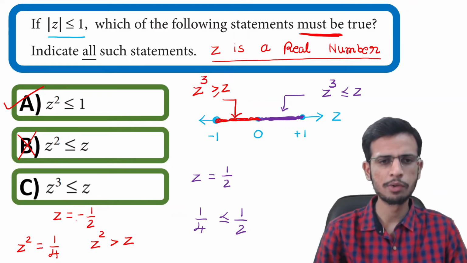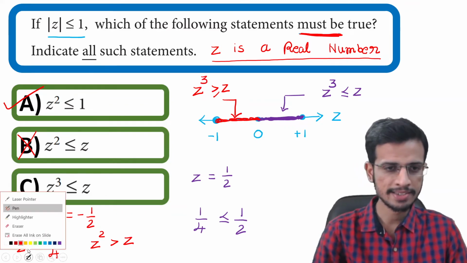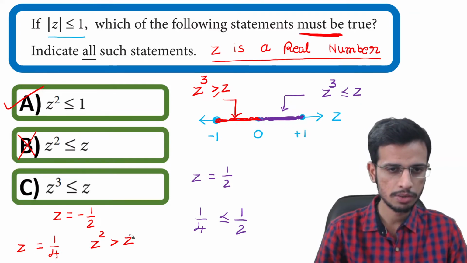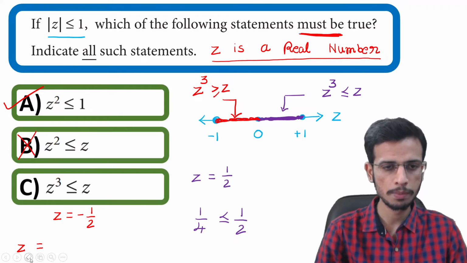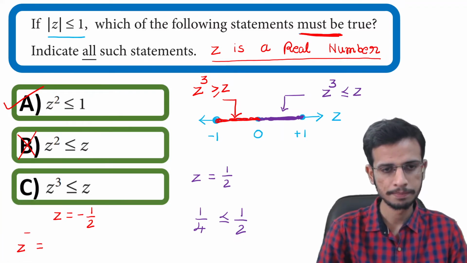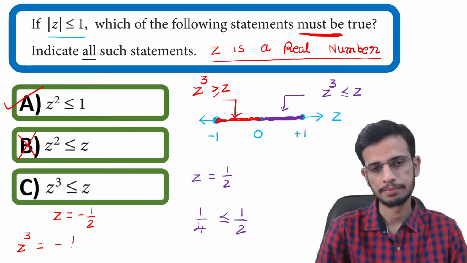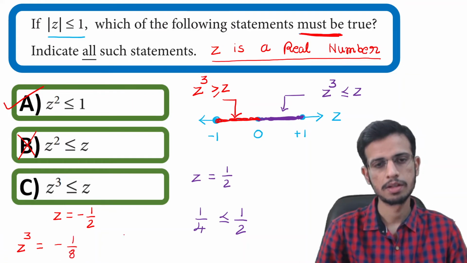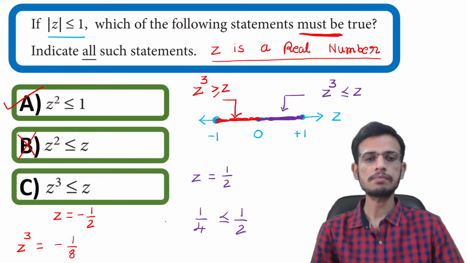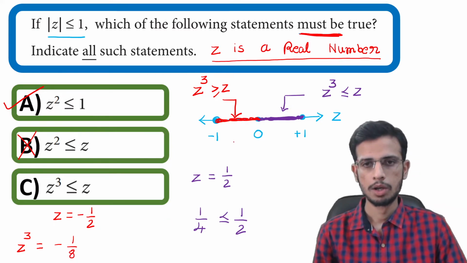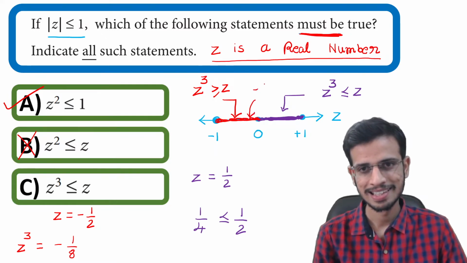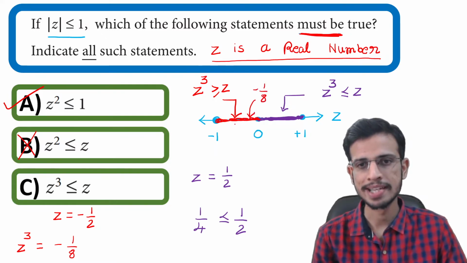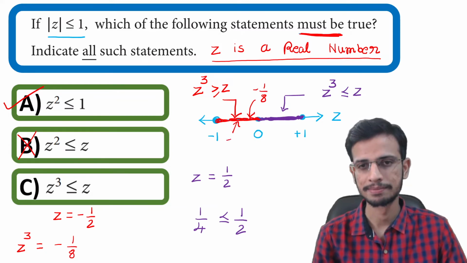If you put z equal to minus 1 by 2, then z cube will become minus 1 by 8, which will be somewhere here, and minus 1 by 2 will be somewhere here, approximately.